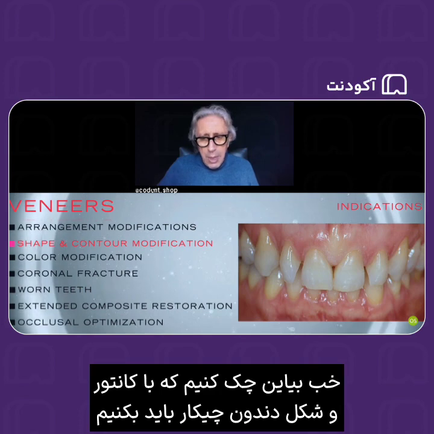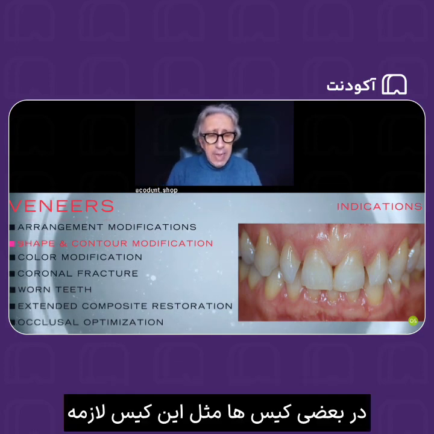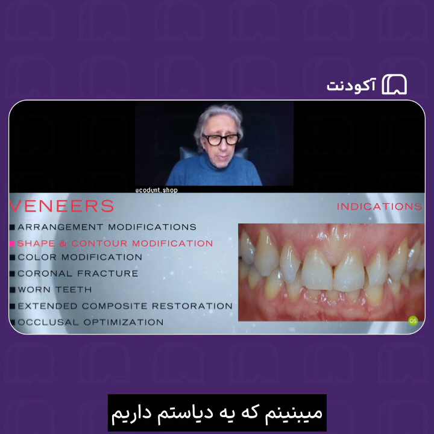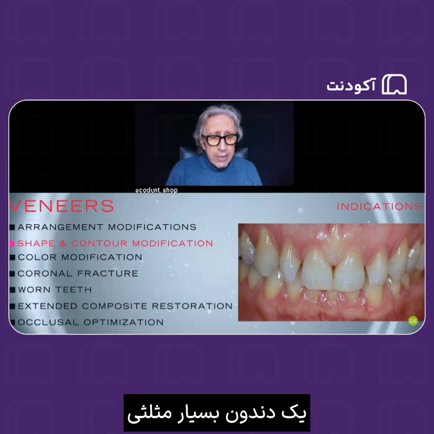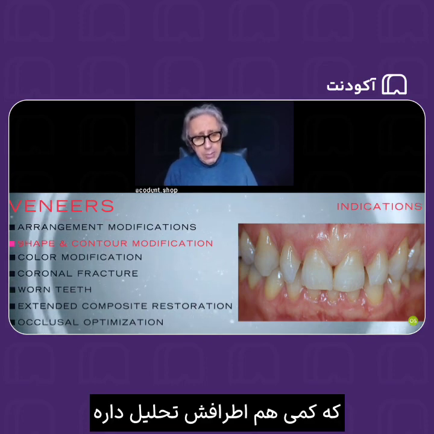So let me check now with you what to do with the contour, with the shape of the teeth. In some cases we need it, like in this case, where we see diastemas, very triangular teeth, and some recession around them.